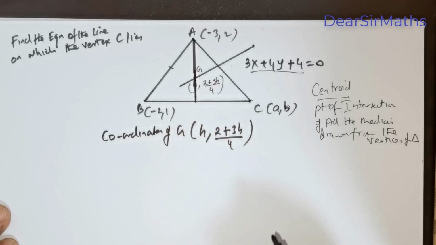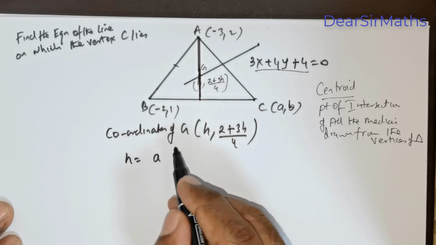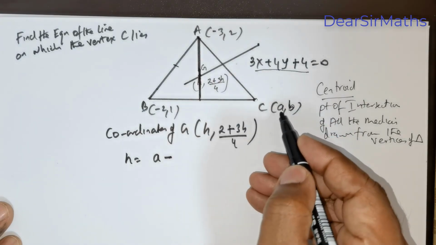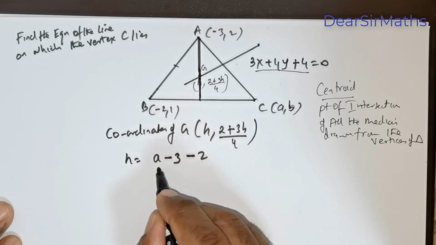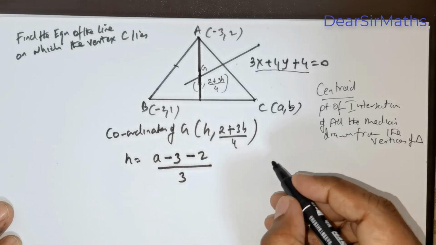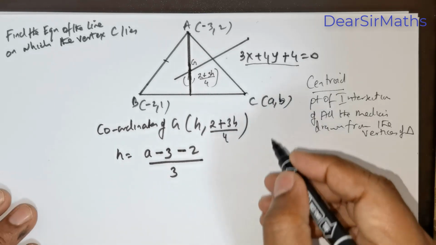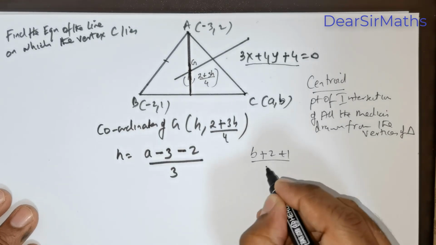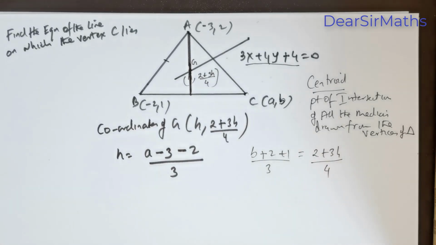That would mean h is going to be a added with this x coordinate, added with this x coordinate, divided by 3 is equal to h, and the other one is b added with 2 added with 1 divided by 3 is equal to 2 plus 3h divided by 4. Right, so this is what we have got.